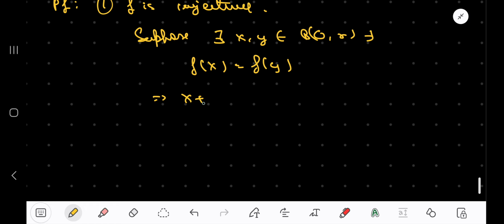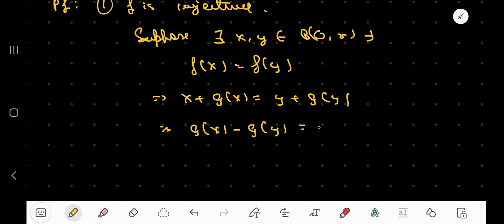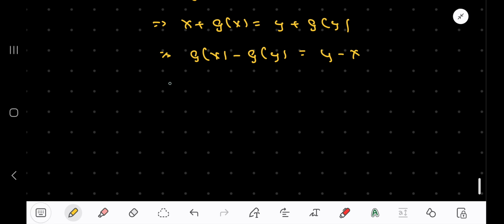Then this implies x plus Gx equals y plus Gy. This implies Gx minus Gy equals y minus x, but this implies that the norm of Gx minus Gy equals the norm of x minus y.